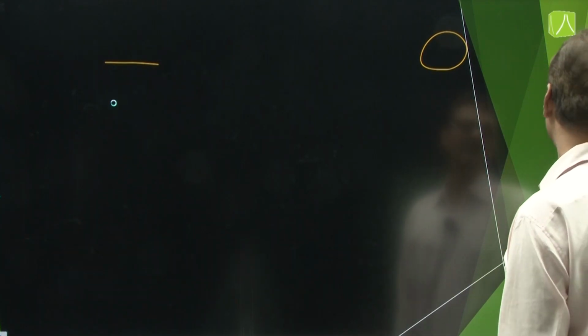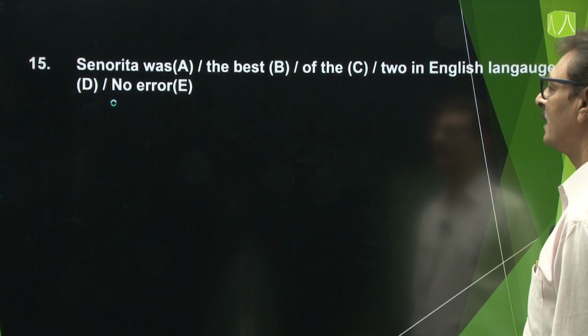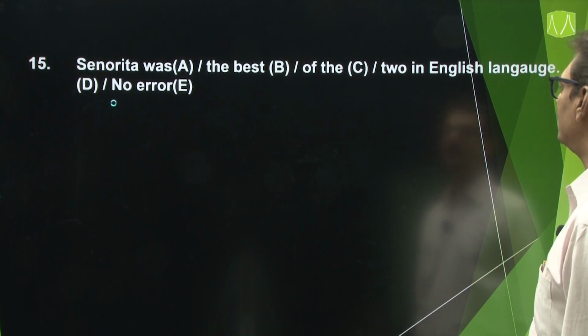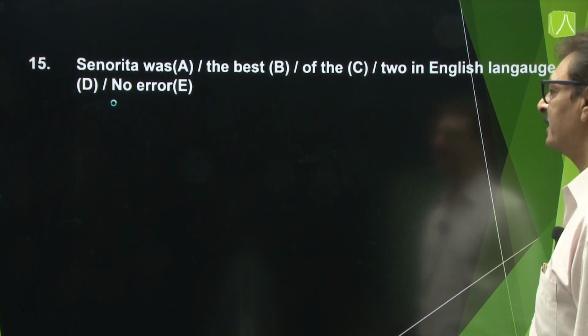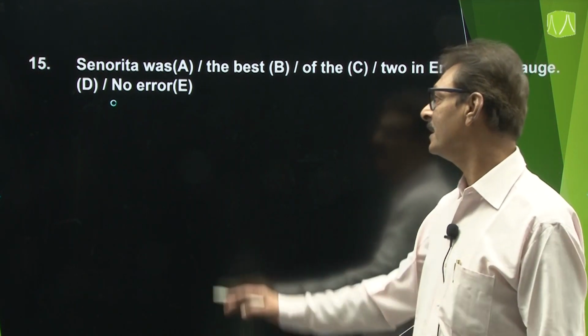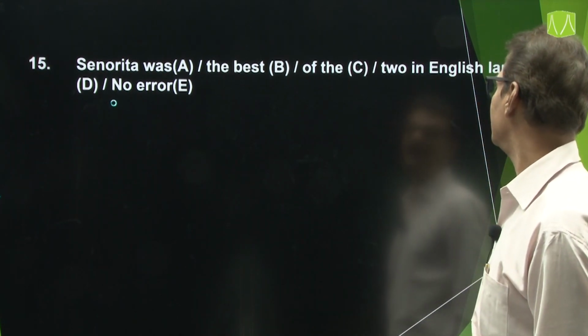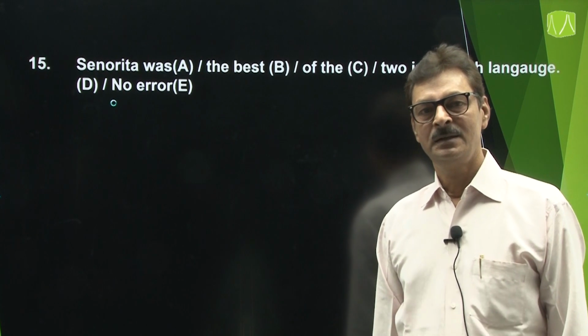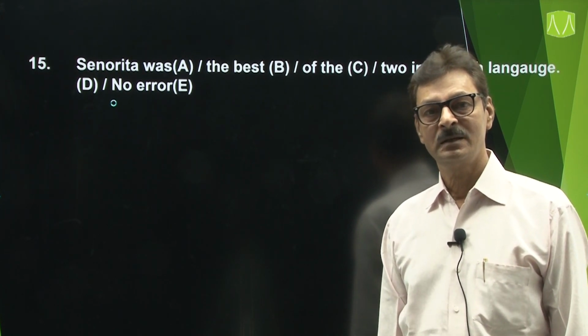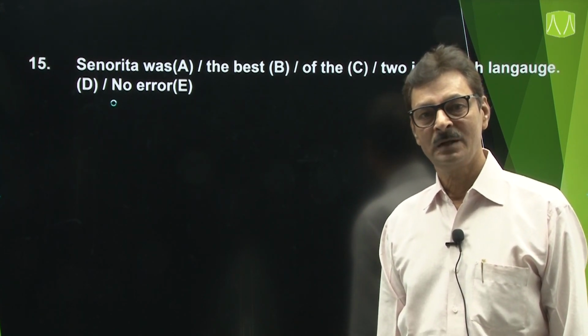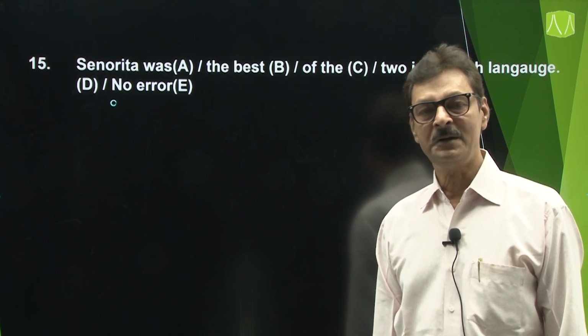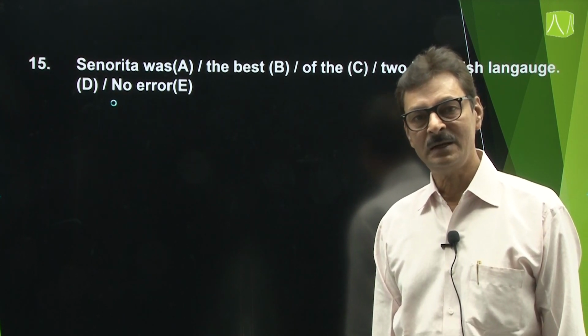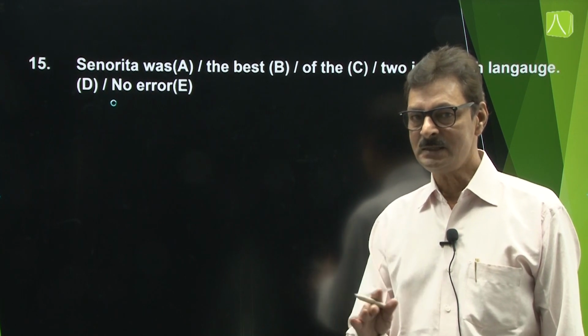Next. Senorita was the best of the two in English language. Good. When do we use best? More than two. दो की बात कर रहे हैं तो comparative degree आती है. Single की बात करें तो positive degree आती है. Yes, I hope you know this.